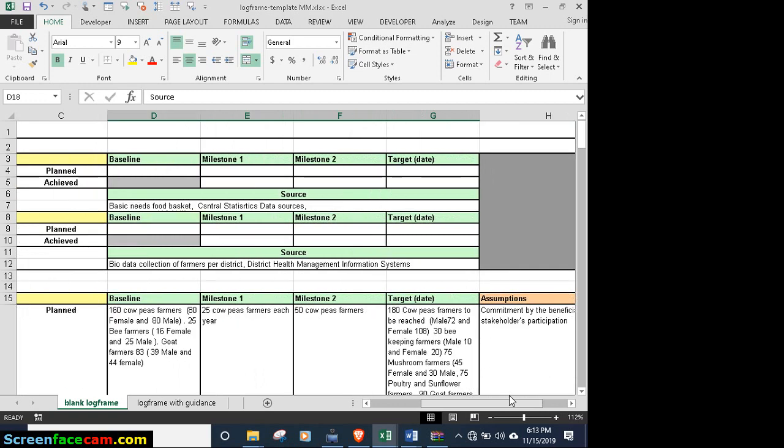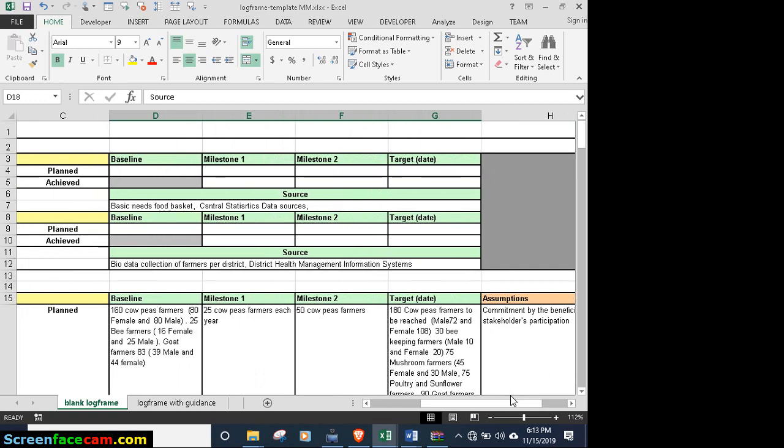So they have it here as what do we plan to achieve at baseline when we collect information, what is it? And because this was based on a 2-year project, in the first year, what is our target? In the second year, what is our target, okay?